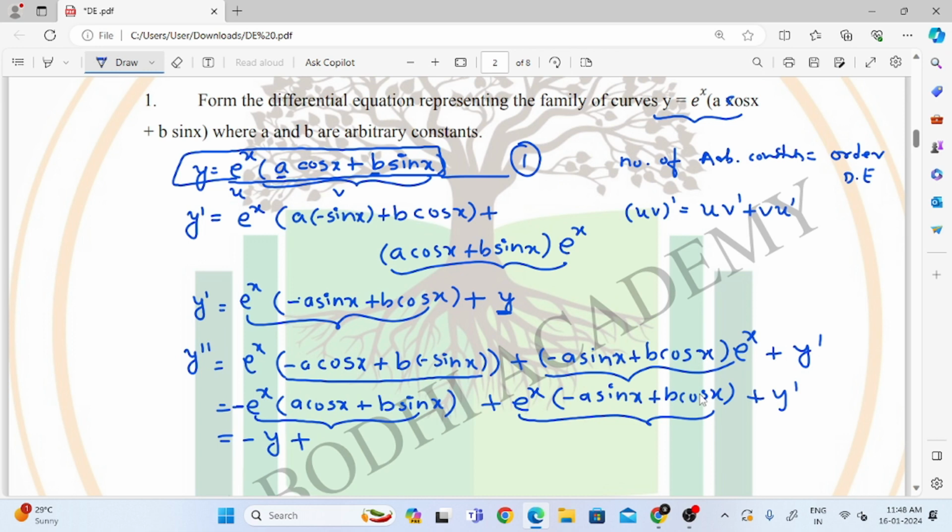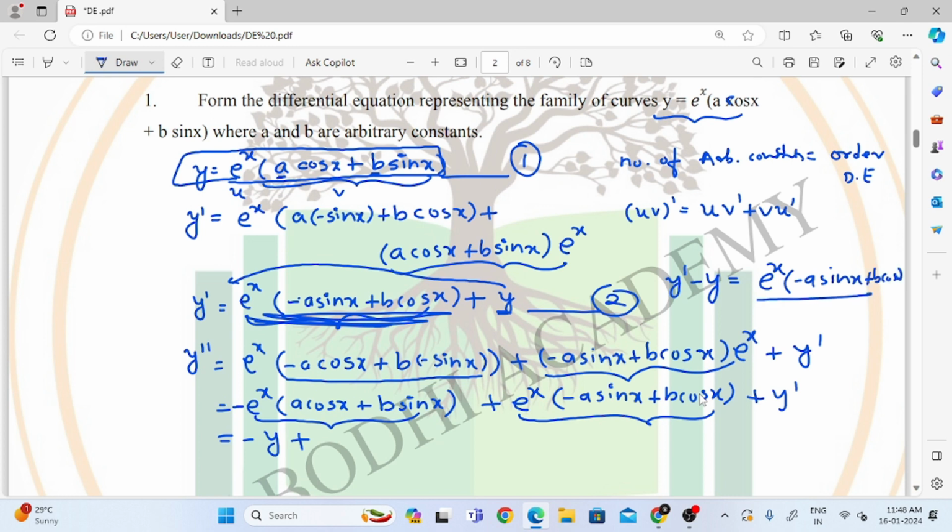You can see that is in the second equation, let's say this is equation number 2. So from here we can find the value of this term if we take this y to that side. So we get y dash minus y is equal to e raised to x times the bracket minus a sin x plus b cos x.